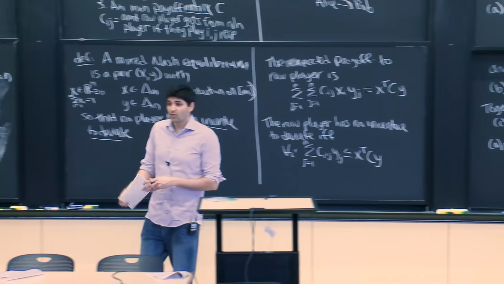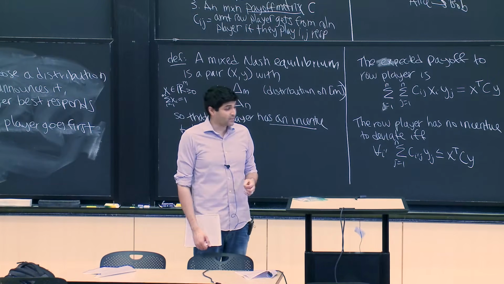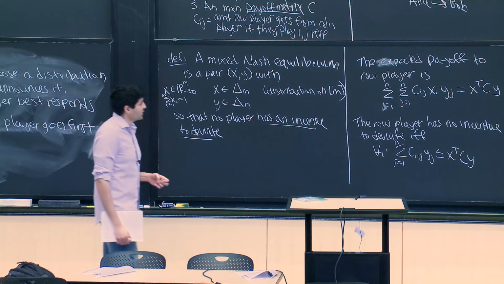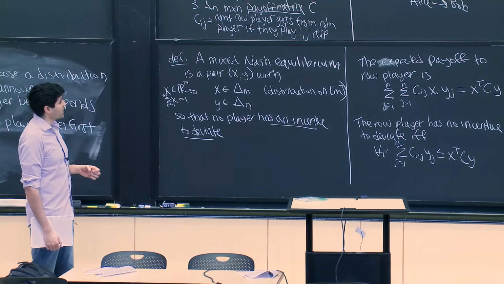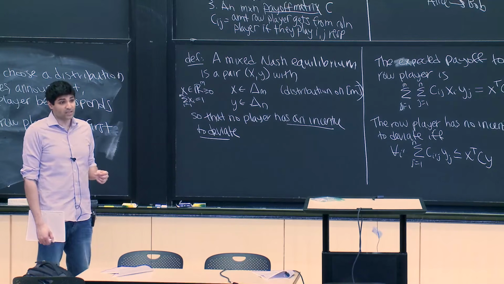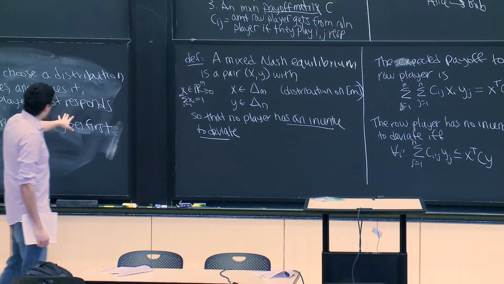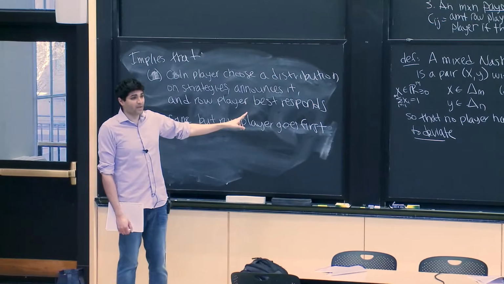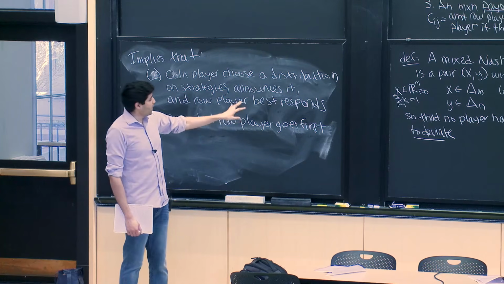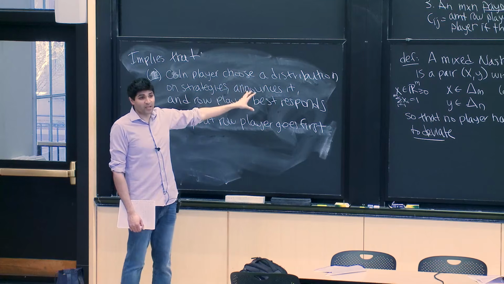So this statement that min-max equals max-min is really just a translation of the statement that no one has an incentive to deviate, as long as we're careful about how we get those minimax strategies. And the way we get them is we piece it together.